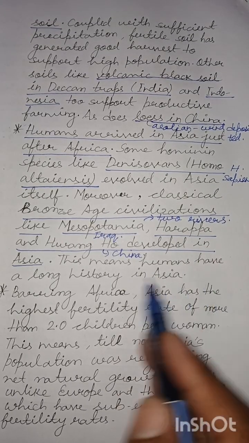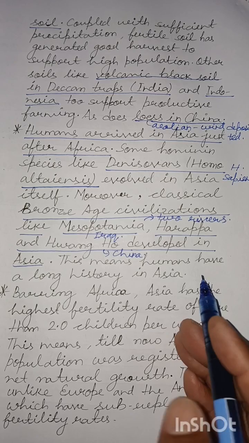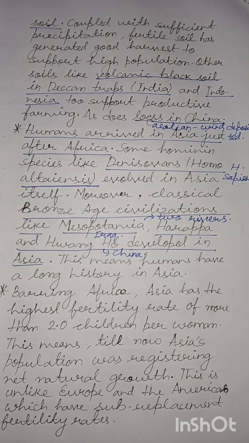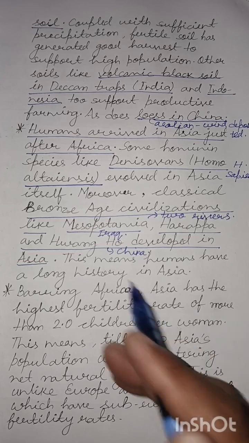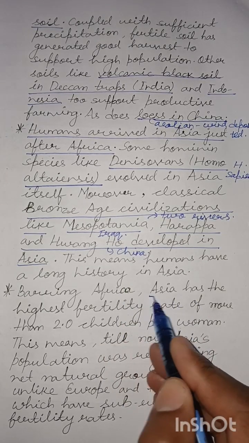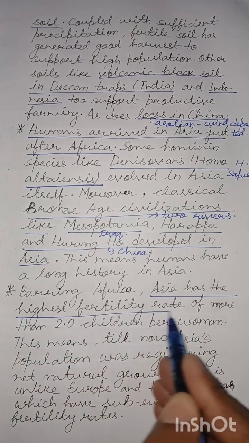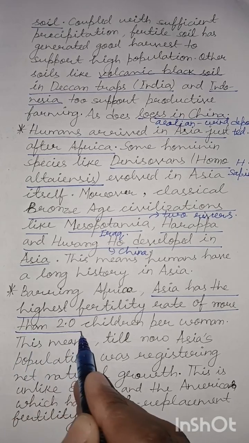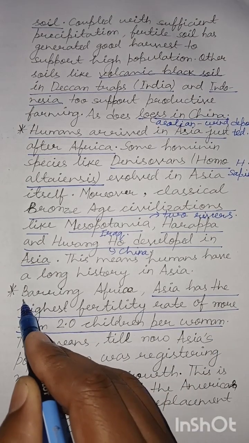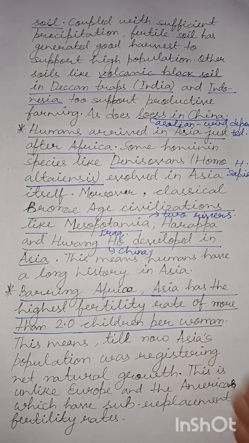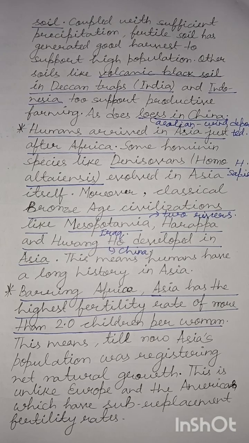This means humans have a long history in Asia, and due to their long history, they have multiplied to their present numbers. Moreover, barring Africa, Asia has the highest fertility rate of any continent, more than 2 children per woman.